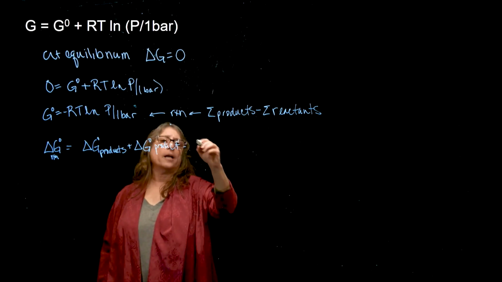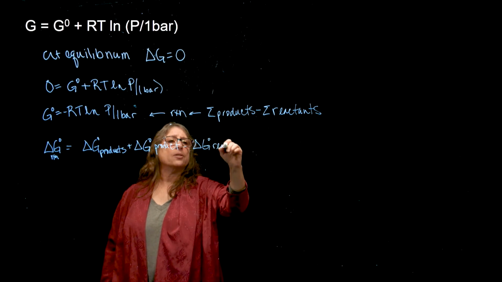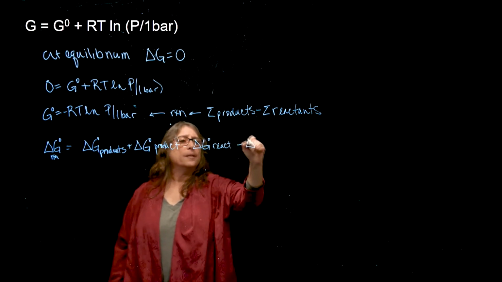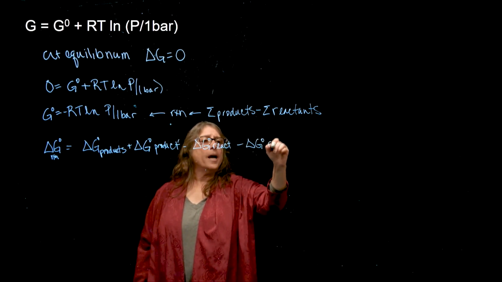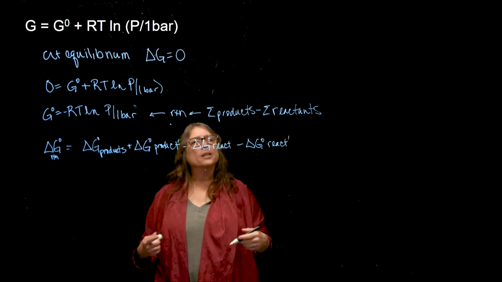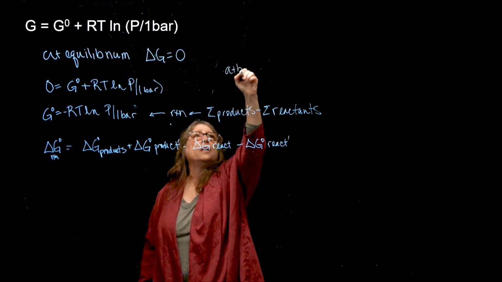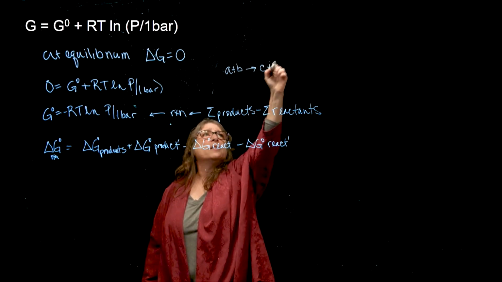And I'm going to subtract off the delta G naught of a reactant and the delta G naught of another reactant. And so here, let me actually use a sample equation. I'll have A plus B going to C plus D.